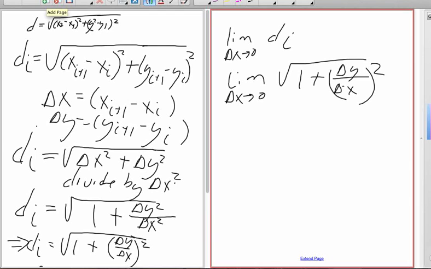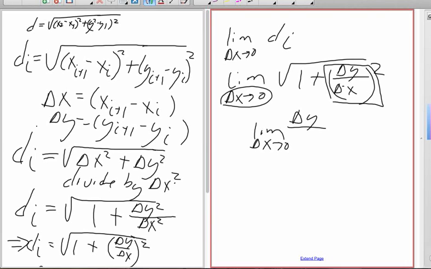All right, so when I take the limit as delta x goes to 0, you should recognize what happens over here. Now before I do that, let's review this, because this is a good thing to know. If you remember before I showed you the power rule and all the things, the limit as delta x goes to 0 of delta y over delta x is defined to be dy dx, the derivative of this thing.